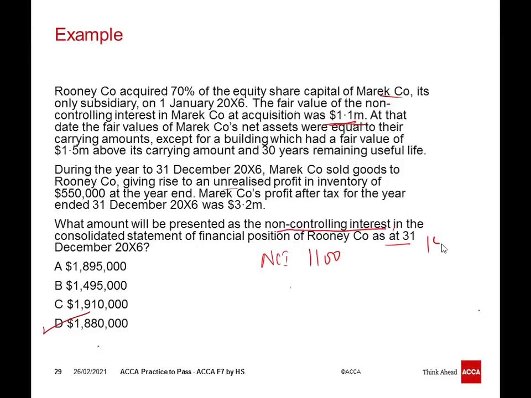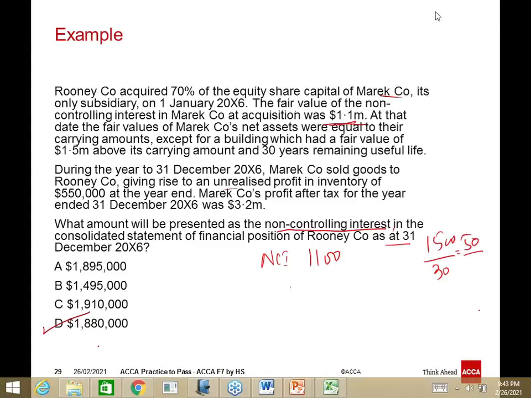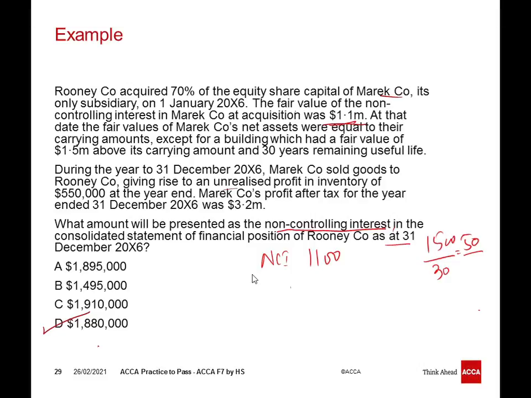So 1500 divided by 30 will be the extra depreciation. So the amount will be 50 for the whole year. From the date of acquisition to the reporting date, 1 year is completed already. So you need to take extra depreciation here, which is 50 into the NCI share of 30%, 15.